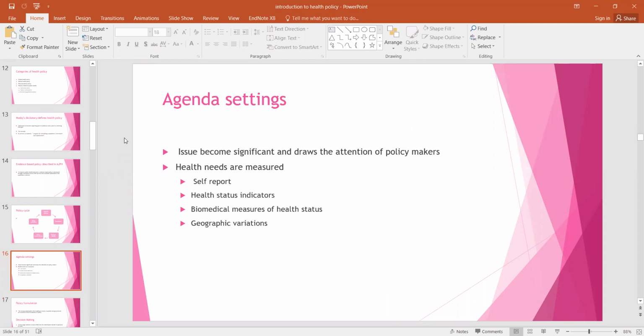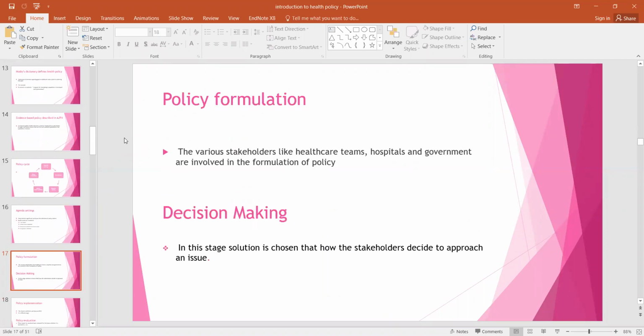Health needs are measured: self-report, health status indicator, biomedical measures of health status, and geographic variations. Second stage is policy formulation, and various stakeholders are involved in the policy formulation like healthcare teams, hospitals, government. Then comes the decision making. In this stage, solution is chosen and stakeholders decide how to approach an issue.